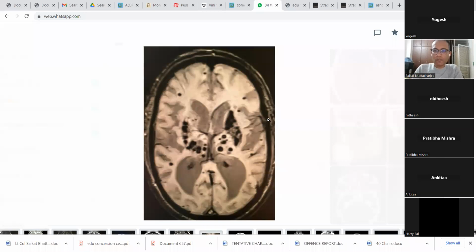Sir, hypertensive microangiopathy is where the bleed occurs. That's one possibility. Anything else? So amyloid angiopathy. Very nice. Anything else? Multiple cavernous angiomas. Anything else?